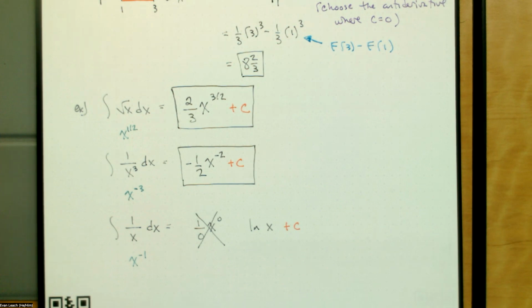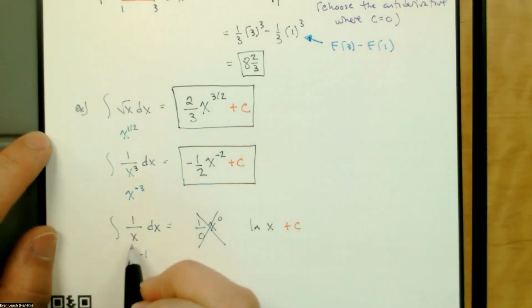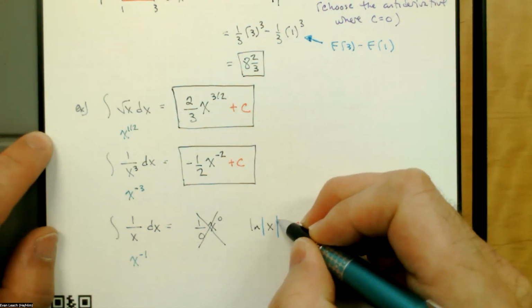There is a minor problem going this direction, but there's an easy fix for it. The function natural log of x and the function 1 over x have different domains. 1 over x only doesn't like 0. Can't plug in 0. Natural log of x also can't plug in 0, but also can't plug in any negative numbers. So let's just fix that. The integral of 1 over x is natural log of absolute value of x.